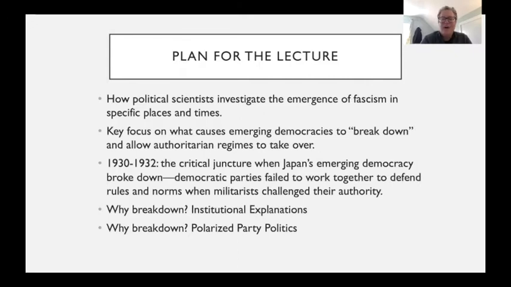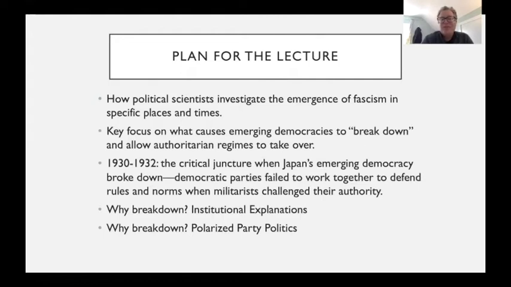What was it that caused a country to go from maybe an emerging democracy status to a shift suddenly towards authoritarianism? Trying to understand the causes of that, how it happens, is something that political scientists are definitely very interested in.